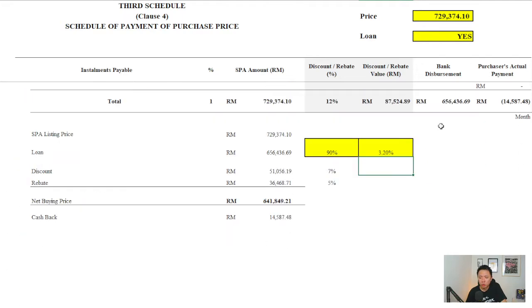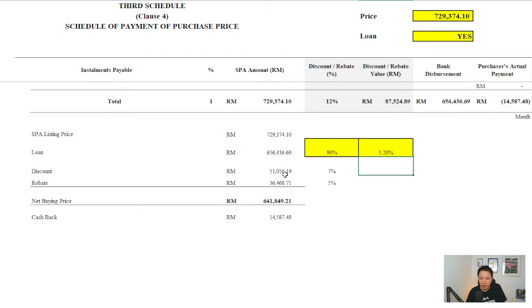So what happened is that the total price, this is what your SPA, the discount, and also including rebate, is almost 12%. We make it simple, we put it 12%, 7 plus 5, 12. So the total discount, including the rebate value, is 87,000. So the bank disbursed 656,000. So this is what happened.